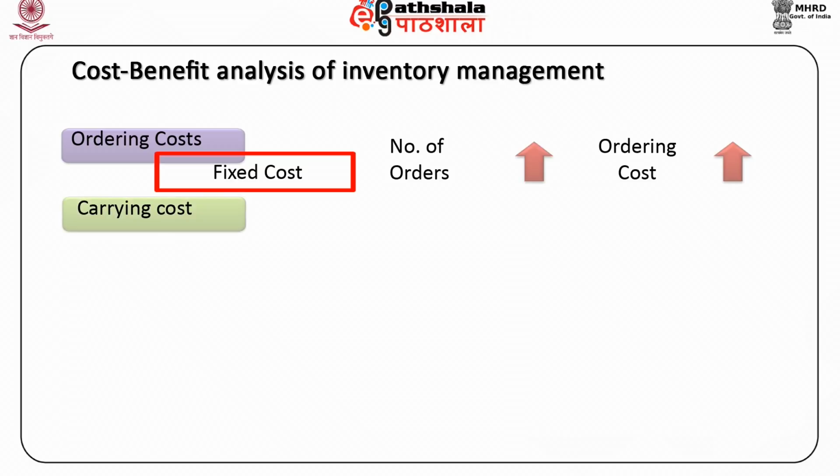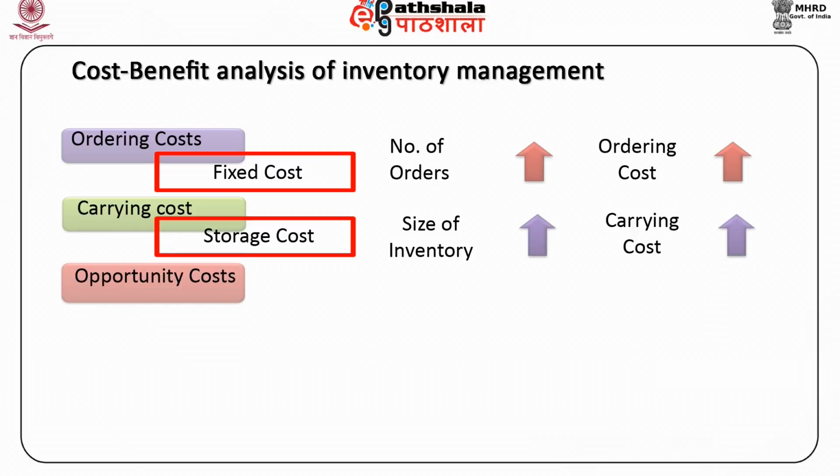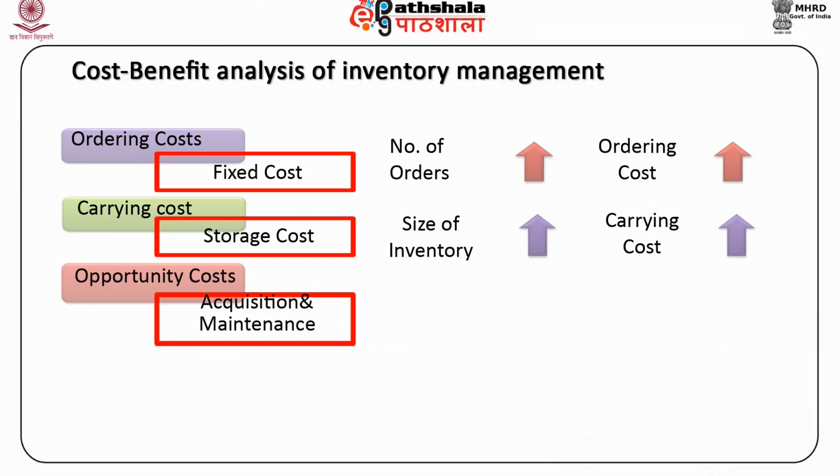Carrying cost. These are the costs associated with the maintenance of inventory. These can include storage cost, handling costs, insurance of inventory, etc. The higher the size of inventory, more will be the carrying costs. Opportunity costs. These refer to the expenses to finance the acquisition and maintenance of inventory.